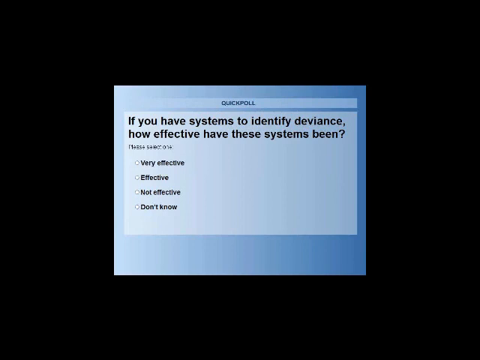So far as that poll comes in, we're seeing a lot of people saying that where they did have processes in place, they're mostly effective, though some don't quite know at this stage. So I'll just give this poll another few seconds.